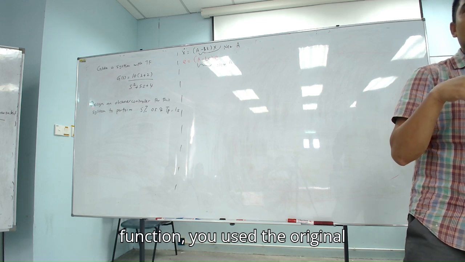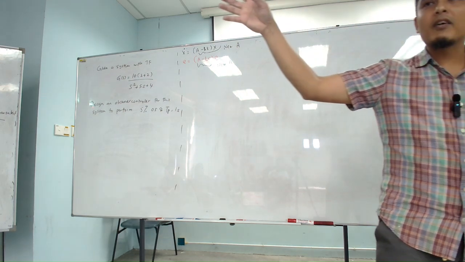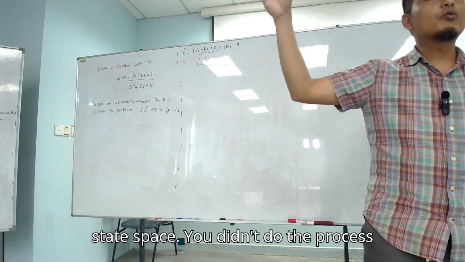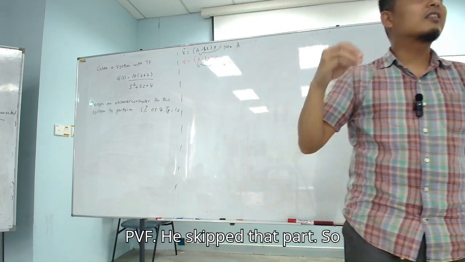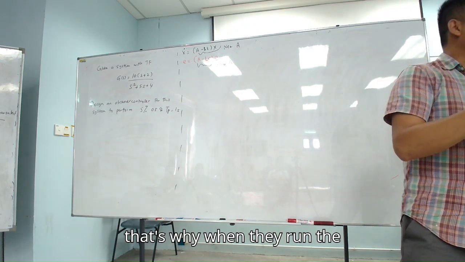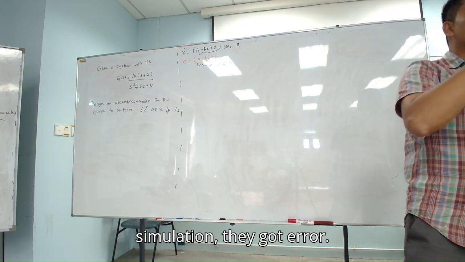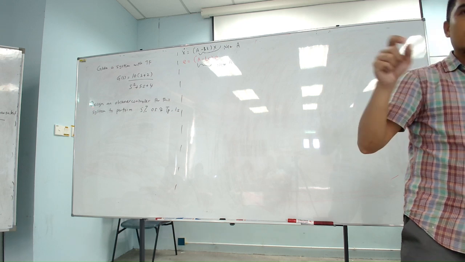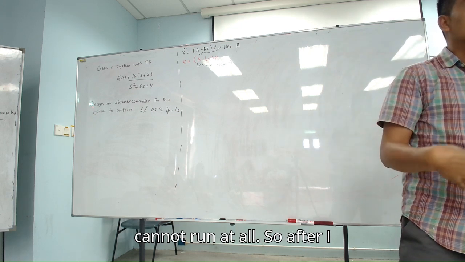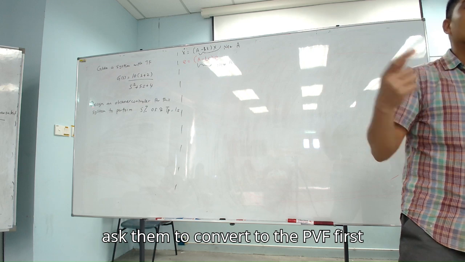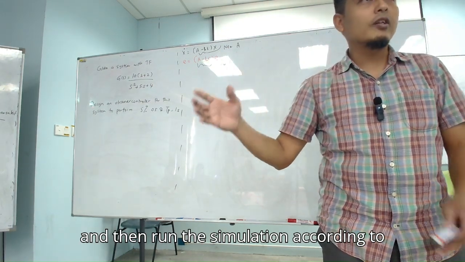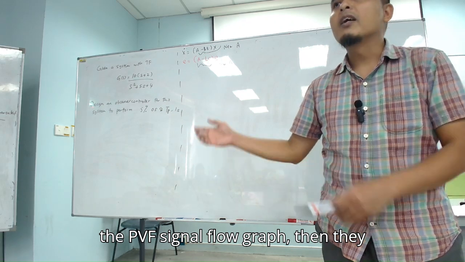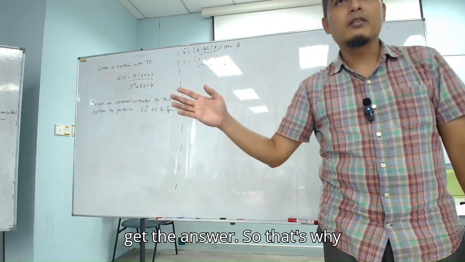You used the original state space. You didn't do the process from state space to transfer function to PVF. He skipped that part. So when they ran the simulation, they got an error and it could not run at all. After I asked them to convert to the PVF first, and then run the simulation according to the PVF signal flow graph, they got the answer.